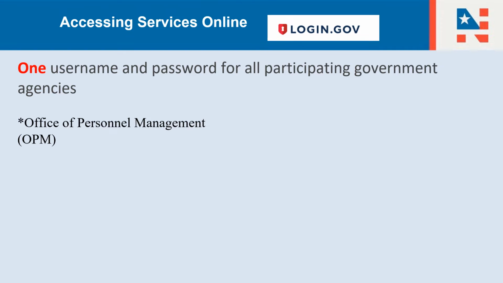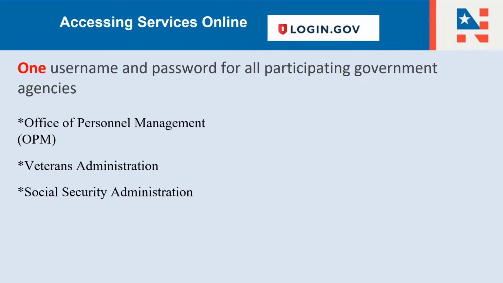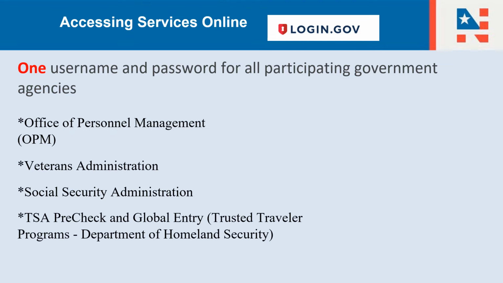Login.gov is one username and password for a number of participating government agencies. This streamlines your process and eliminates the need to remember multiple usernames and passwords. Participating agencies, in addition to OPM, are the VA, Social Security, and many others.